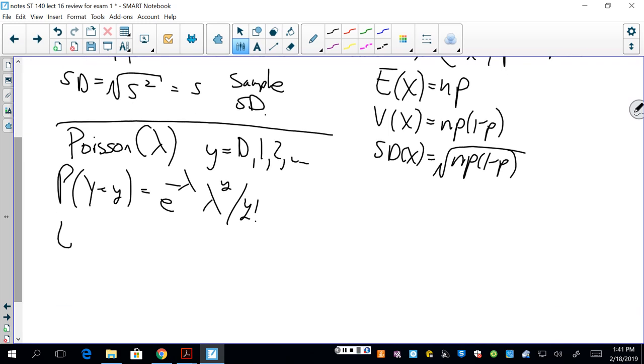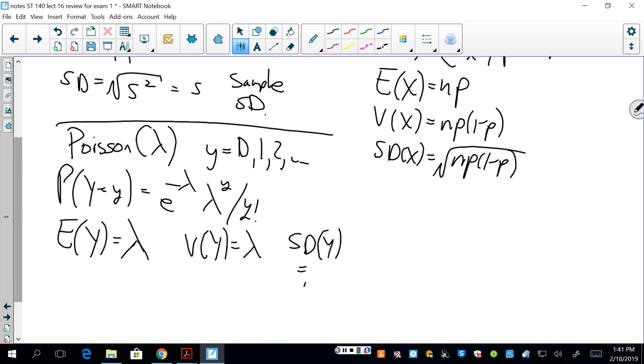And the expected value of this is lambda. And Poisson, it turns out the variance is also lambda. So the standard deviation is the square root of lambda. And that describes the spread pretty well. So that's kind of it for most of the formulas.